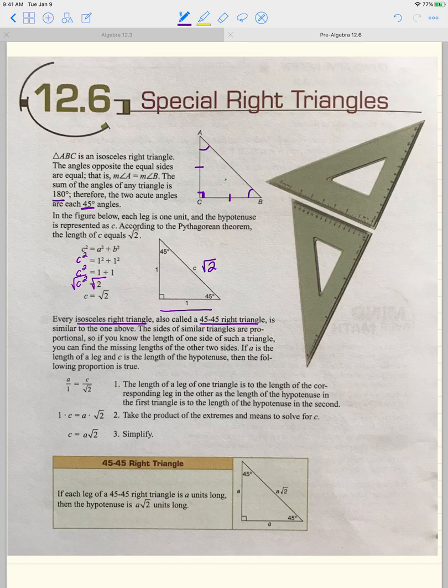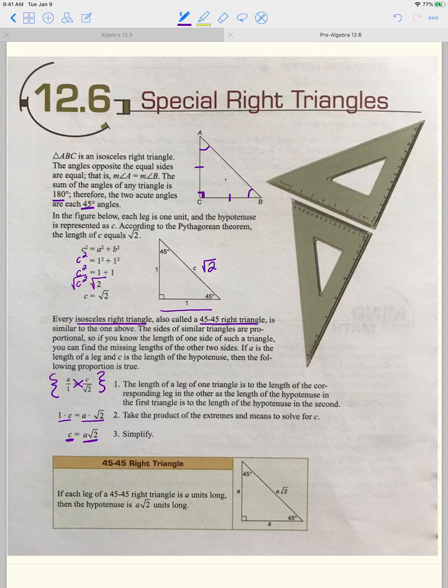If A is the length of a leg, and C is the length of a hypotenuse, then the following proportion is true. A over 1 is equal to C over the square root of 2. Cross multiply, and you get 1 times C is equal to A times the square root of 2. C, the hypotenuse, is then equal to A times the square root of 2.